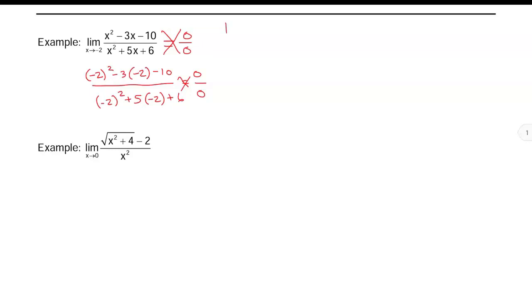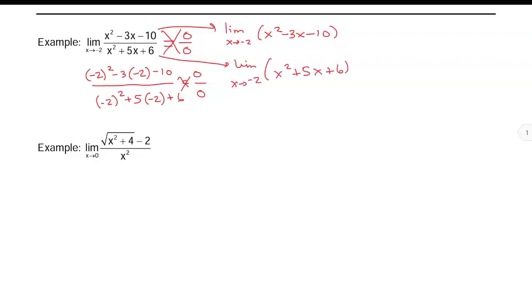So on your paper, you need to write the limit as x approaches -2 of x squared minus 3x minus 10 for the numerator, and for the denominator, the limit as x approaches -2 of x squared plus 5x plus 6. You evaluate these limits independent of each other. So when you substitute in -2, you'll get 0 in both instances. This is how you should be showing your work when you first approach this problem.